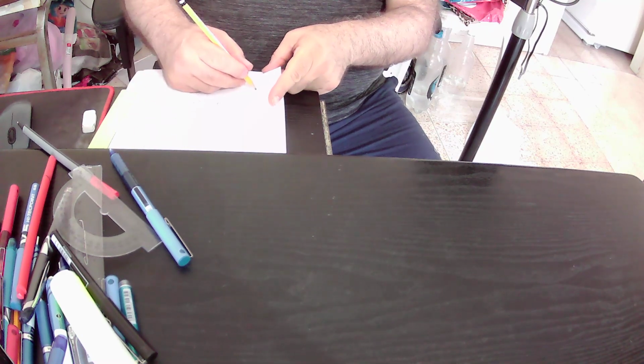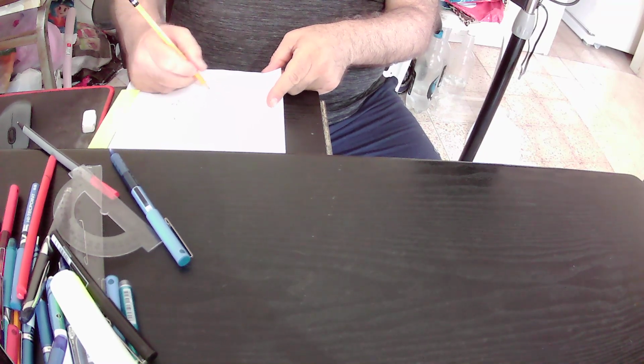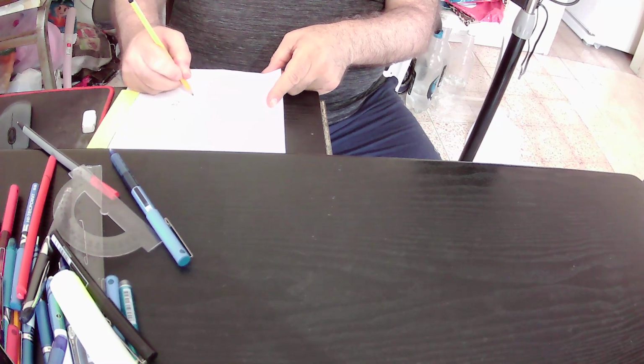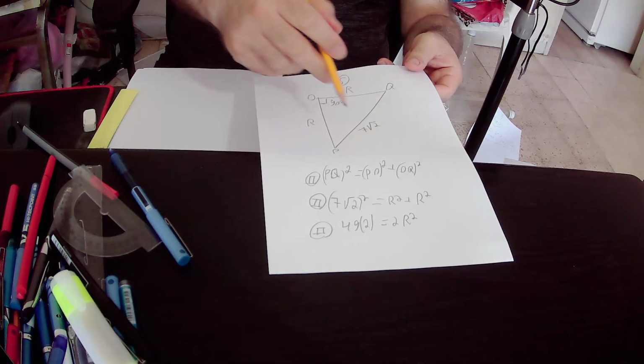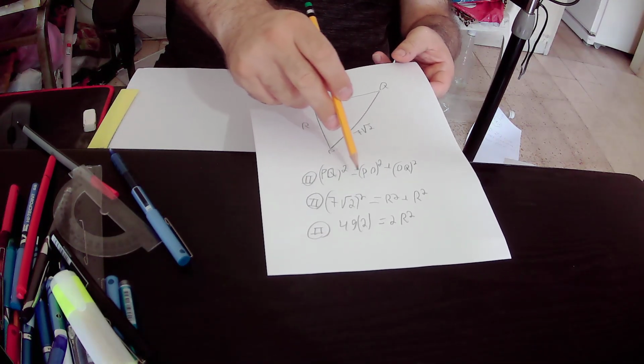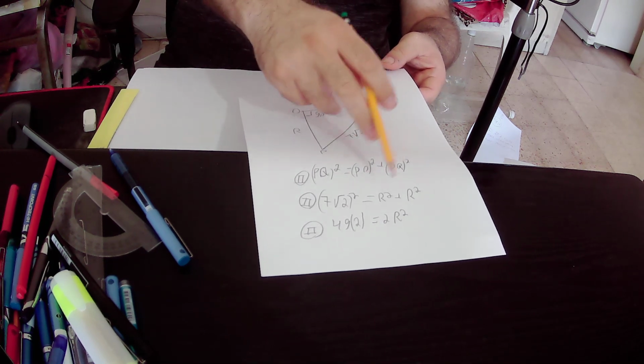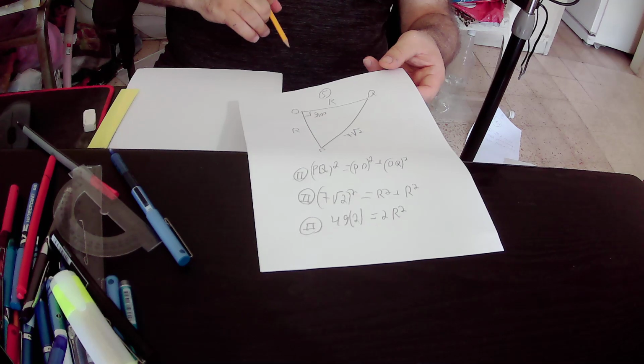Okay, so I write it down. Again, 7 square equals 49 and root 2 square equals 2, and R square plus R square equals 2 times R square.